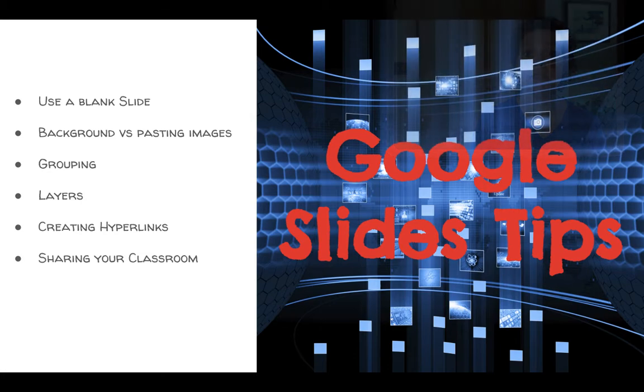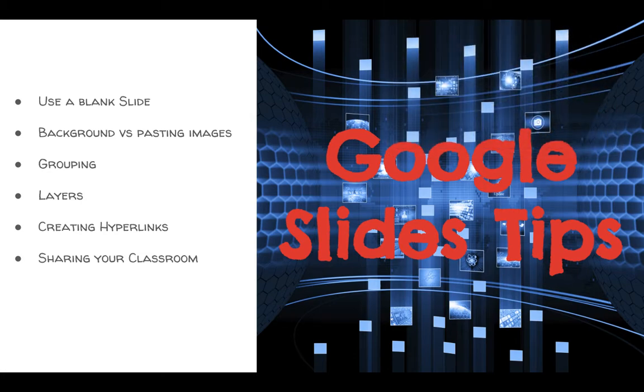First things first, we talked in our last video about using a blank slide, and then if you're going to put a wall in your classroom, make sure that's the background of your slide. I don't know that I explained why we put the background, so I apologize for that. The reason you want to put your wall as your background is because when you do that in Google Slides, you can't move it.